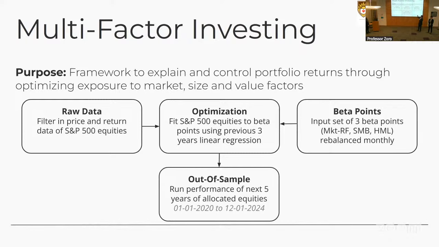What happens from there essentially is we regress 3 years of market data, and we fit the equities in the S&P 500 with our own sets of these beta points. So that when you input 3 target beta points, we can actually feed that into an optimizer that will then create a portfolio with target exposures, average target exposures at the three that we specified, and then of course rebalance those monthly to ensure that they stay at those target exposures.